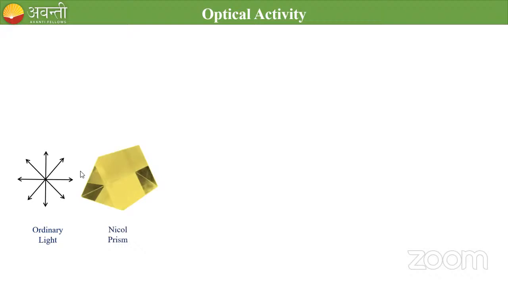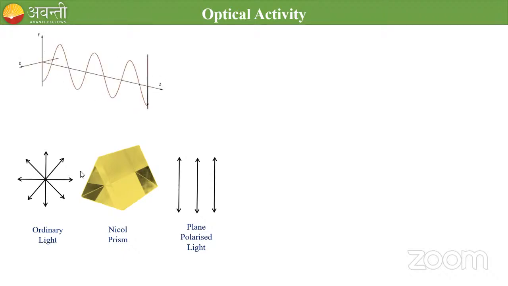If this ordinary light is passed through the prism, plane polarized light will be formed. What is the difference between ordinary light and plane polarized light? Ordinary light has light in all directions, and plane polarized light has light only in one direction. So it is forming a plane polarized light.